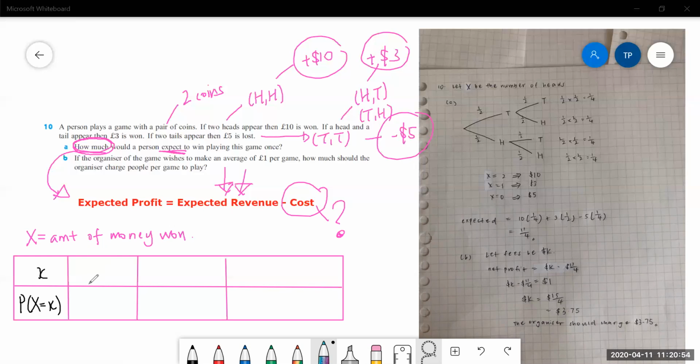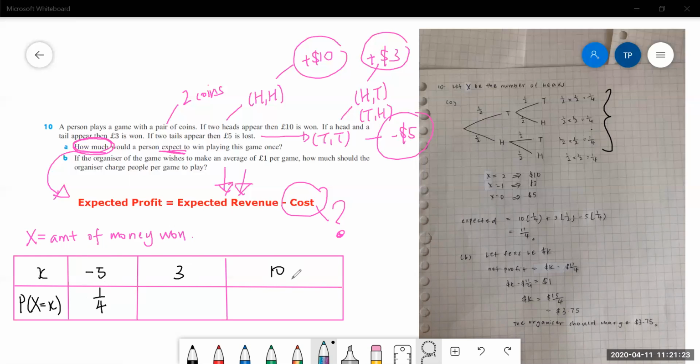Then now we have -5, we have 3, and we have 10. Okay, so from here we want to find the probability of getting -$5. So you have calculated here using your tree diagram. Very good. To get -5 means we get tails and tails, which is 1/4, right?